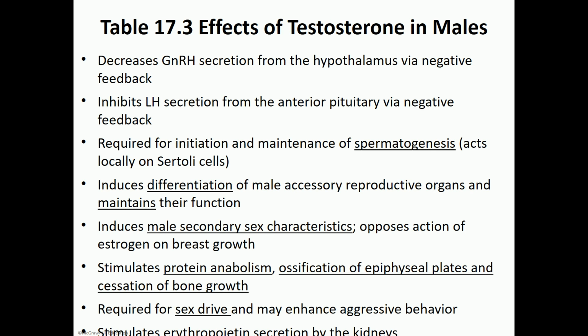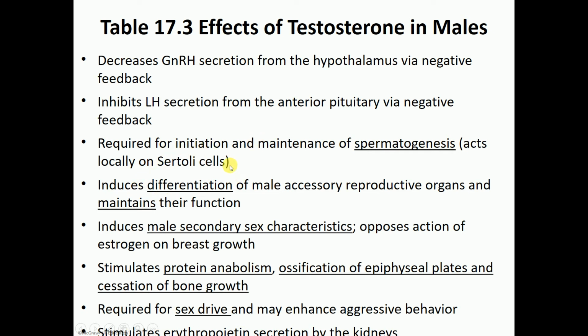So let's see what are the effects of testosterone in males. Well, by negative feedback, we know that it inhibits both the hypothalamus and the anterior pituitary from making their hormones, namely gonadotropin-releasing hormone and luteinizing hormone. It also acts on its neighboring Sertoli cell to stimulate spermatogenesis.